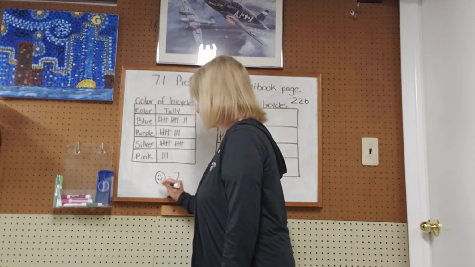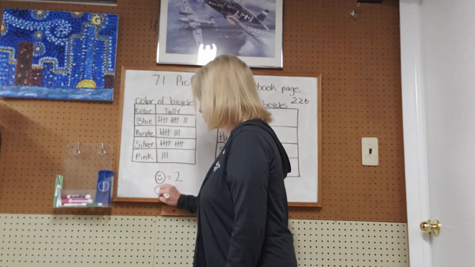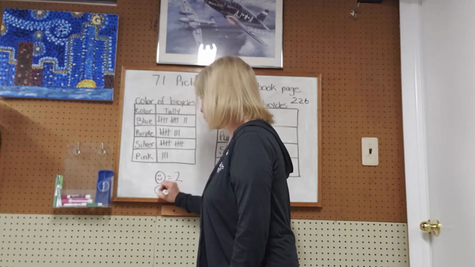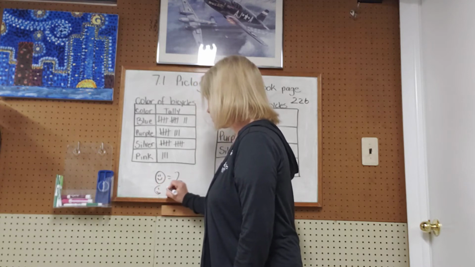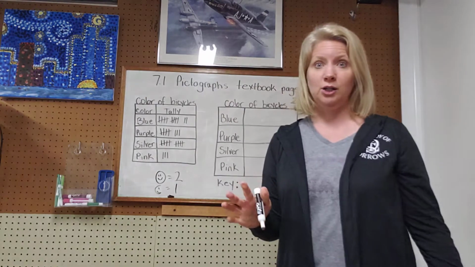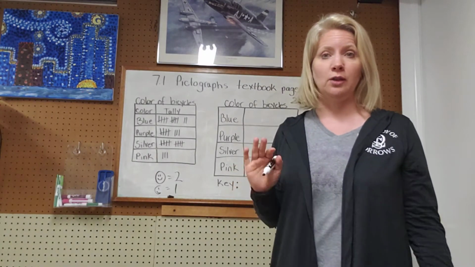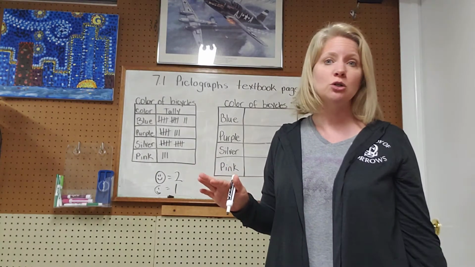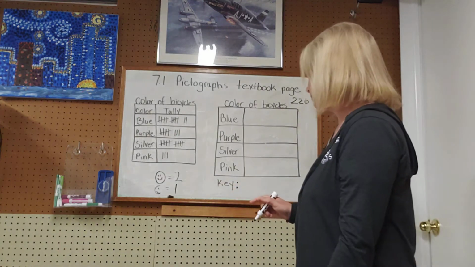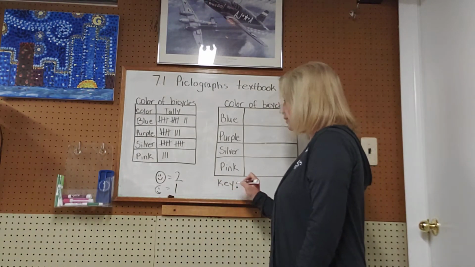Think about it. If your smiley face equals 2, you'd have to do half of a smiley face to equal 1. That's what they show you in the book, but you can do it any way you want on your key, on your pictograph, on the chart that you're going to submit to me. You can do each picture being worth 1 if you want to do it that way. But let's just follow the book.